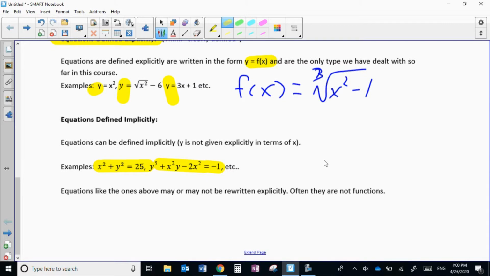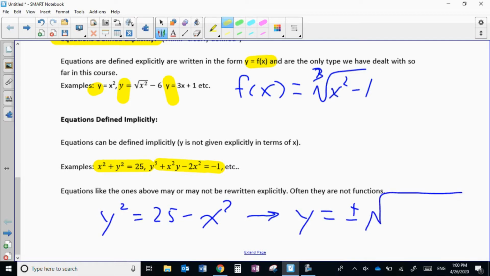It is possible that we could find the derivative of the circle by rewriting its equation and solving for y. We could do that. However, it's not necessary.